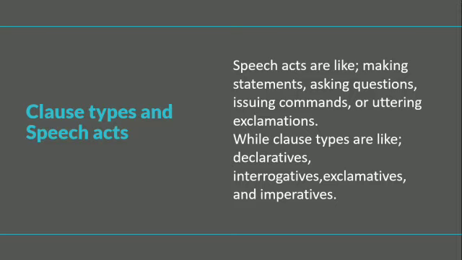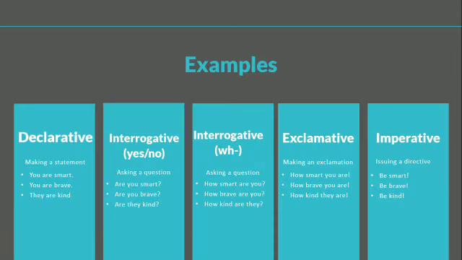While clause types are like declaratives, interrogatives, exclamatives, and imperatives. Let's see the example of the correlation between clause types and speech acts. So we have four kinds of clauses here. We have declarative, interrogatives, exclamative, and imperative.